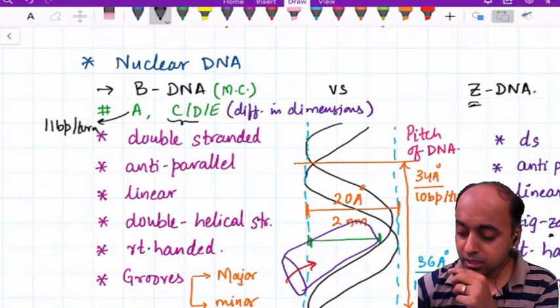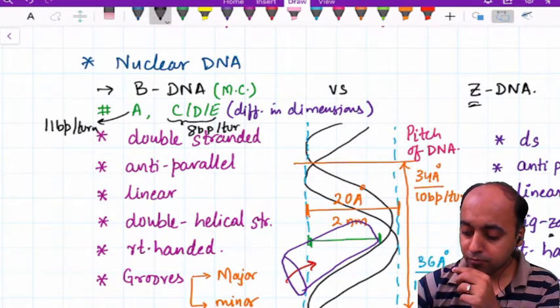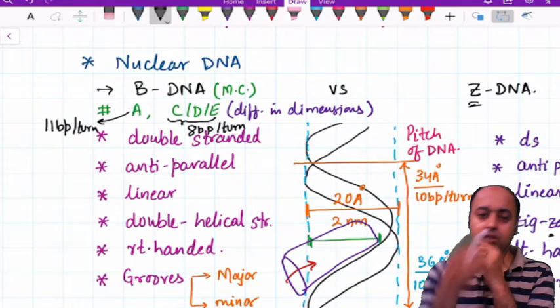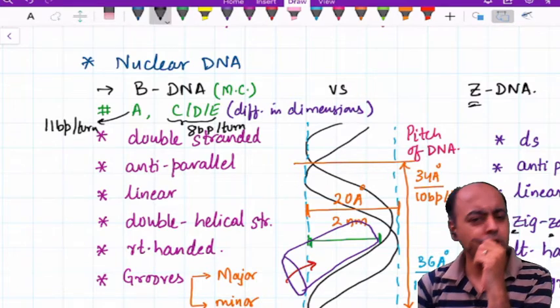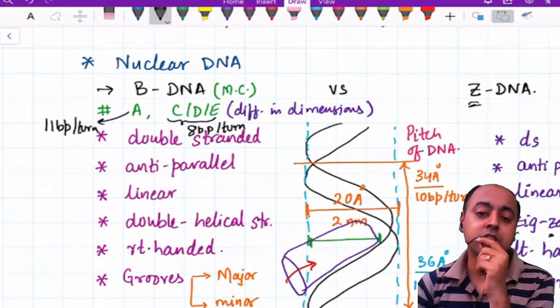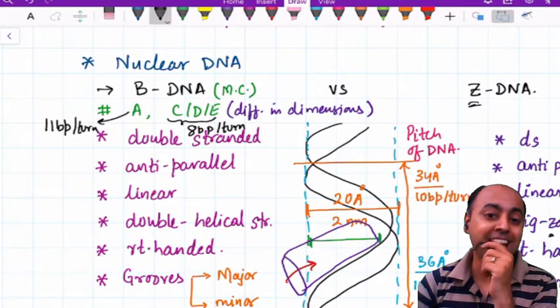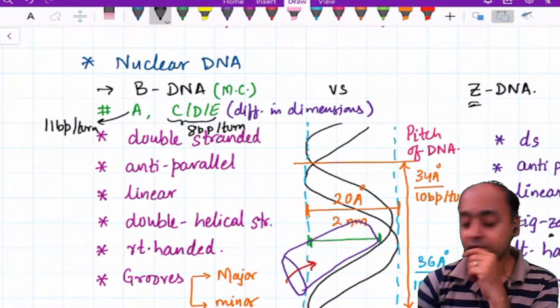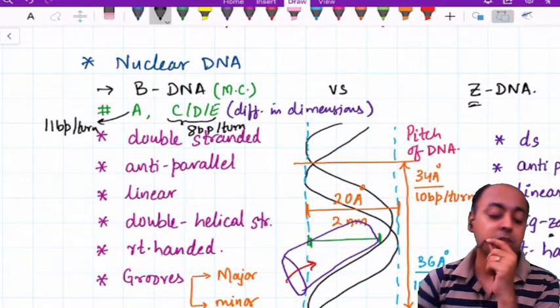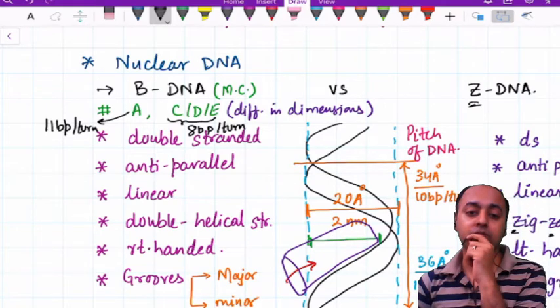The C, D, and E forms will have 8 base pairs per turn. Otherwise, they will be very similar to the B form. You don't need to go into details for this. You can just mention that the other conformations which can be seen are A, C, D, and E. They have a short half-life, and properties are similar to the B form of DNA.